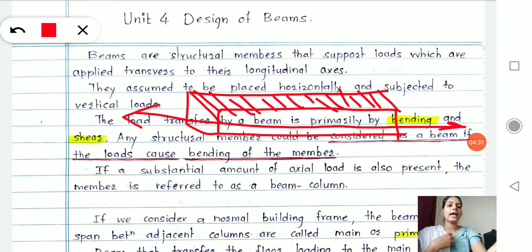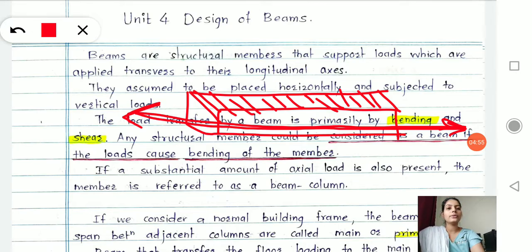See, the arrow, the line is telling us what is the axis of that member. The longitudinal axis is passing through the middle of that beam in the horizontal direction, but the load is not applied on this longitudinal axis.